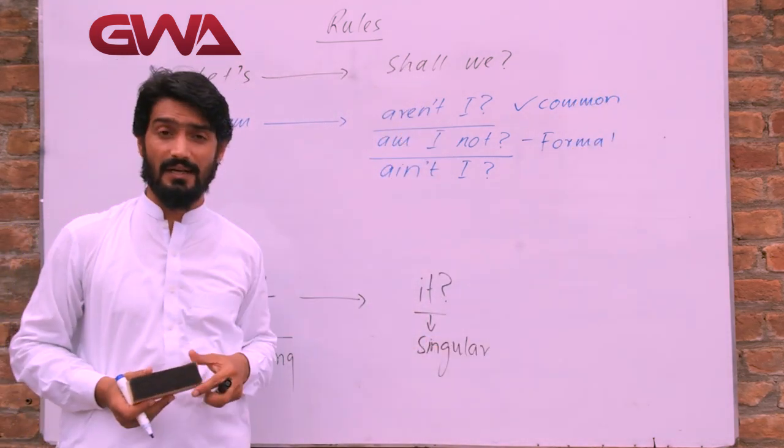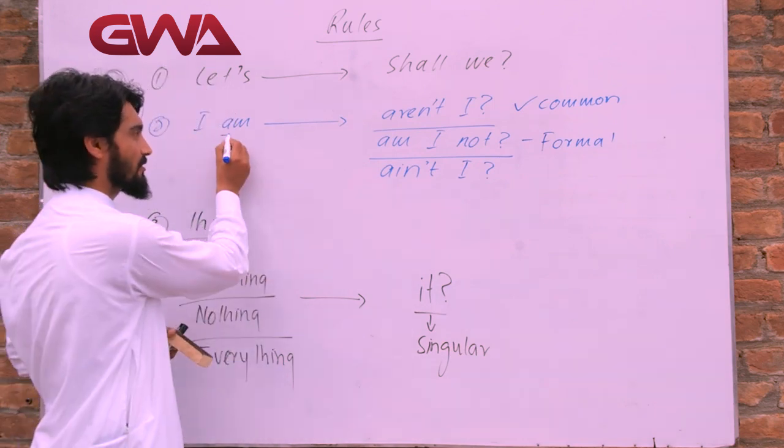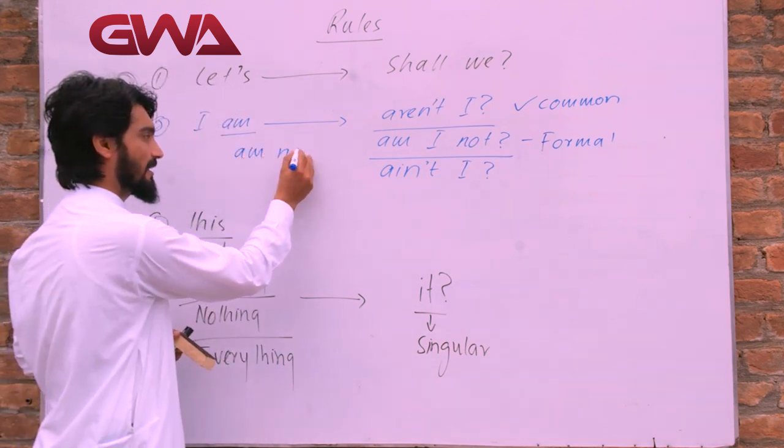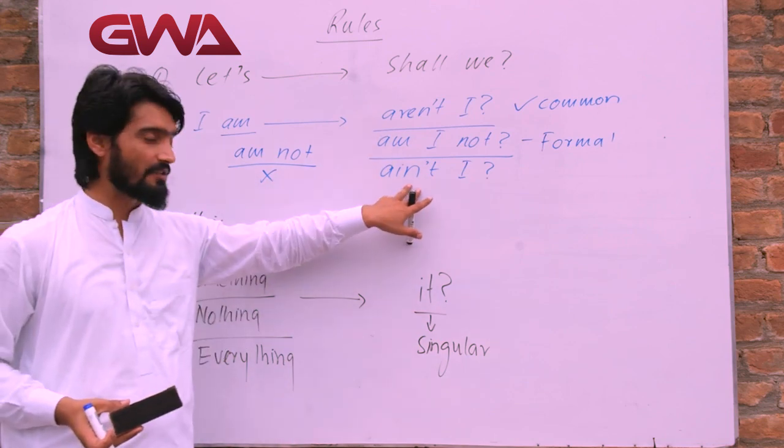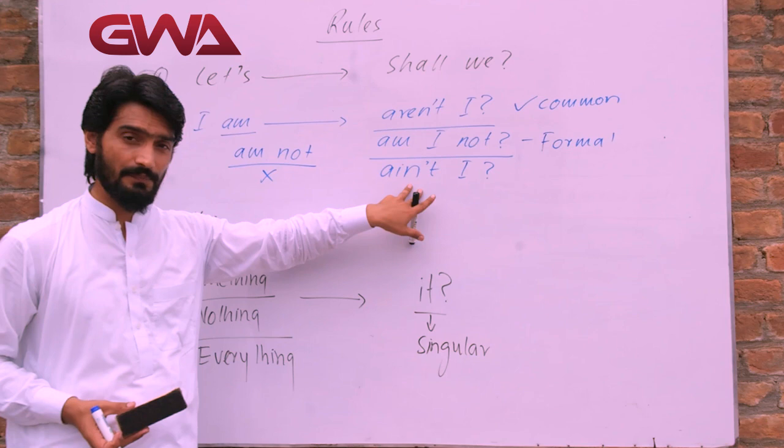People mostly use aren't I because we do not have the contraction form of am not. That's why we have 3 options. The third one is very informal.